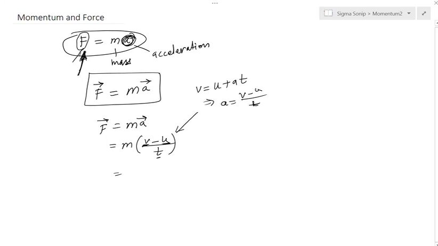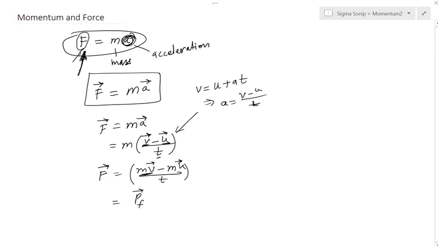I can multiply m to both the quantities inside, so this equation can also become mv minus mu divided by t. Further, to specify that v and u both are vectors, I'll put these arrows there so that I have a vector on the left hand side and a vector on the right hand side. Now the first quantity here is m times final velocity, which is nothing but the final momentum.